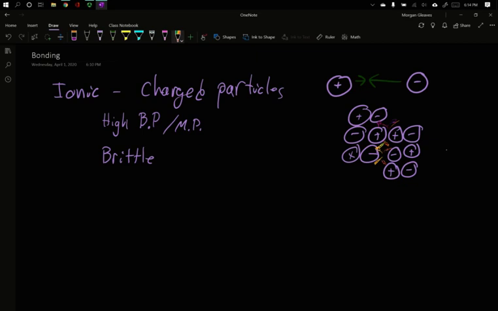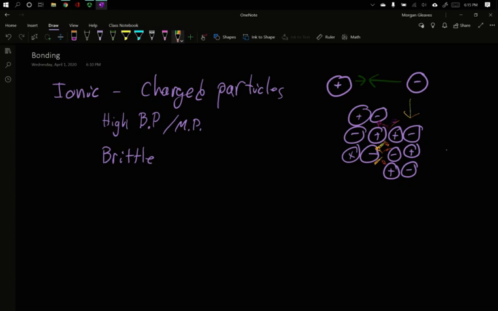If you've ever held two of the same side of a magnet near each other, they push apart. What happens if you have a salt crystal or glass or other materials like that? It's very tough unless you put enough force to push part of it down. If you can get the ions to slide a layer down, they then shove themselves apart.